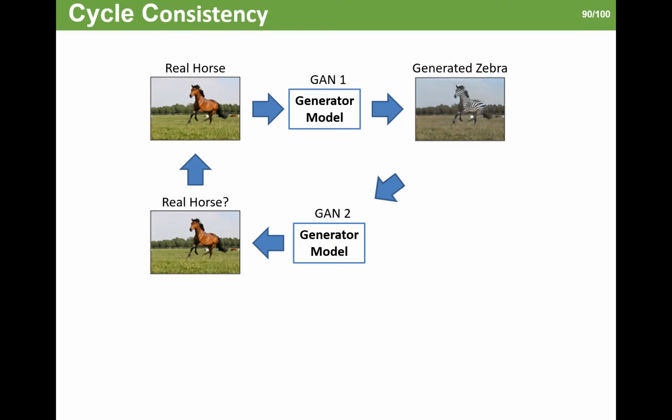But what we can do is have GAN number 2 do the reverse, convert a zebra back into a horse, and then we do know if it's a real horse or a generated horse. So we have something that we can train on.